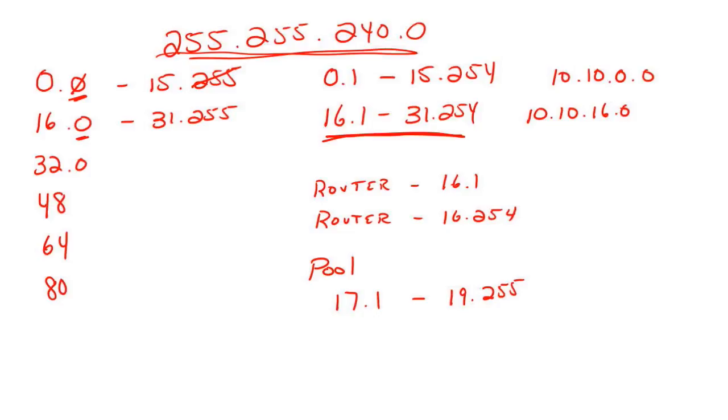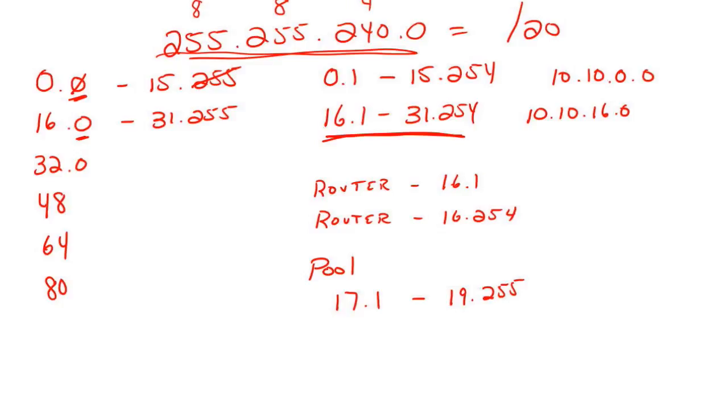The CIDR is the number of ones turned on in a subnet mask. For every 255, you have 8 ones turned on. 240 has 4 ones turned on. So I can either use 255.255.240.0 or show the exact same thing as /20, because 8 plus 8 is 16, plus 4 more ones is /20.